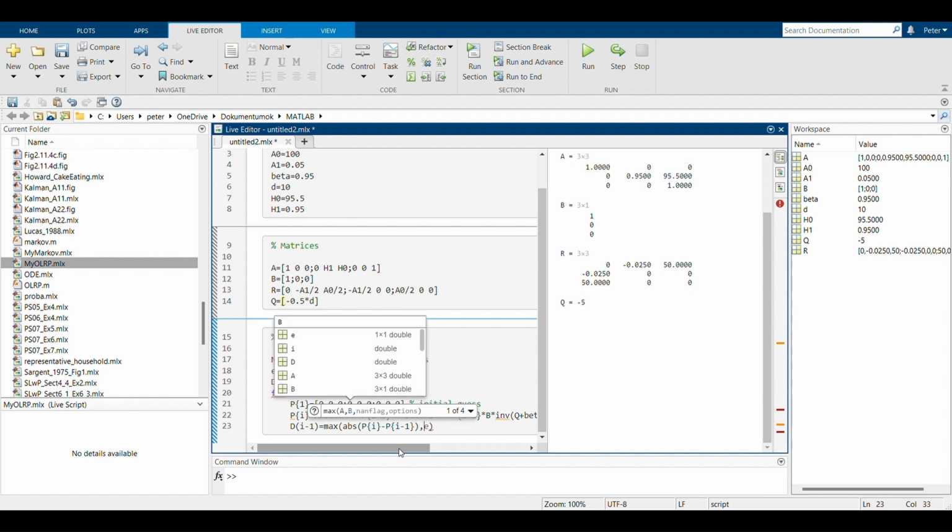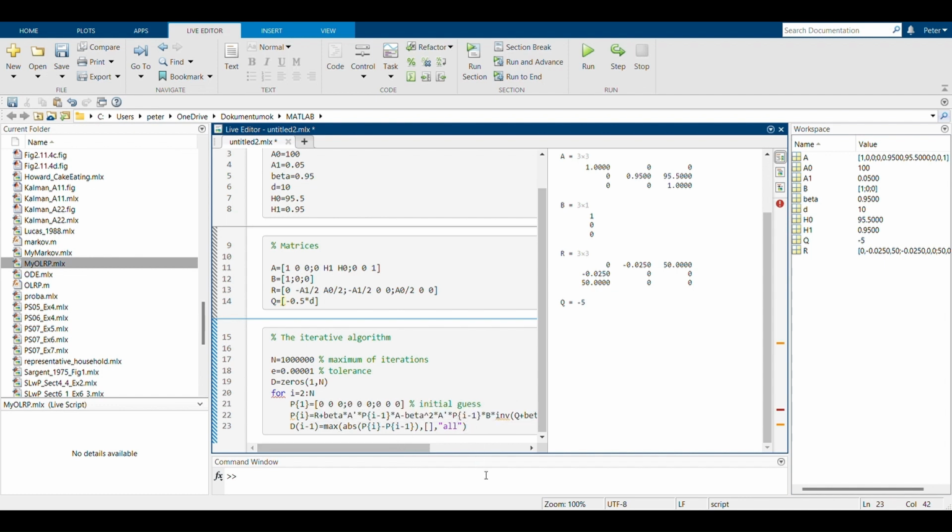And we want to take into account all the differences, so we want a vector. So this step will calculate the maximum of the absolute differences between the elements of the consecutive matrices.